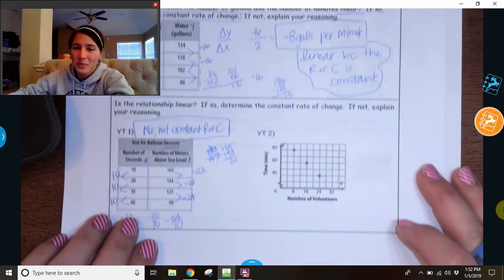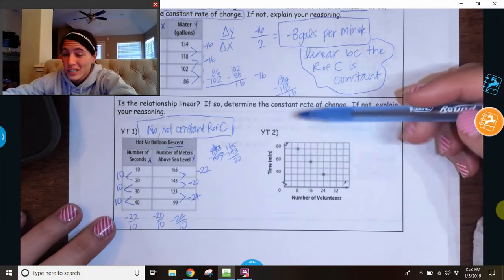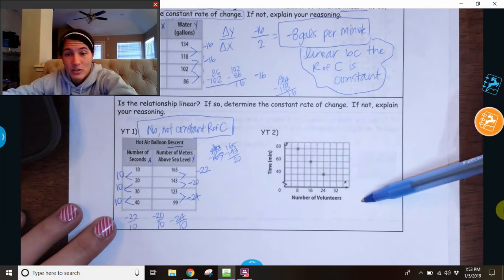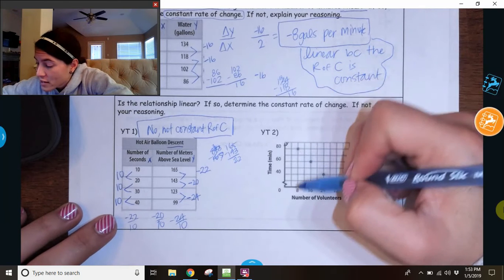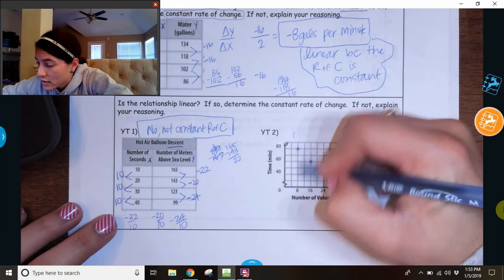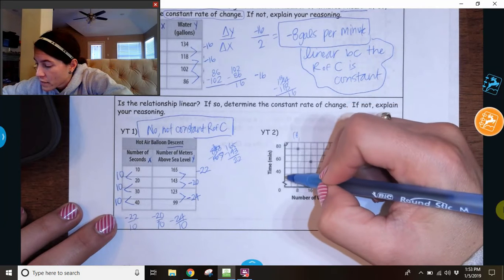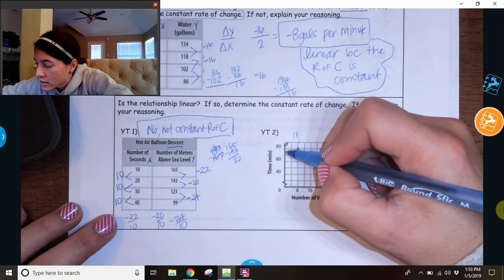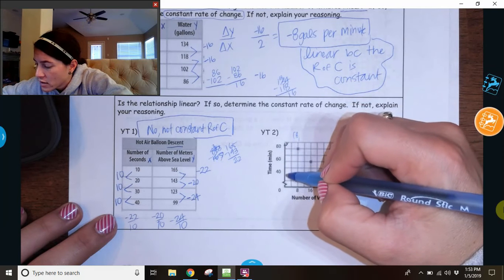All right, You Try 2. Is this relationship linear? It looks like it is linear, but let's check it just to make sure. So this point right here is 8, 80. Is this 80 or is this 70?